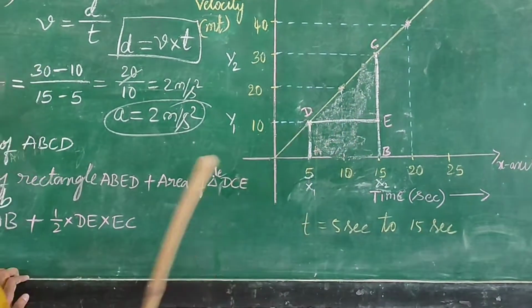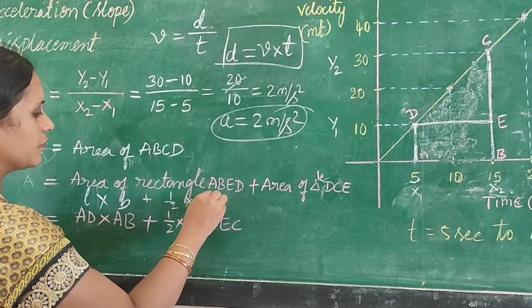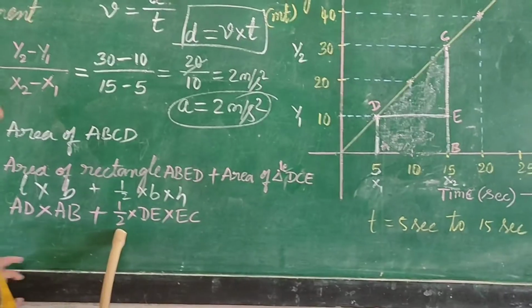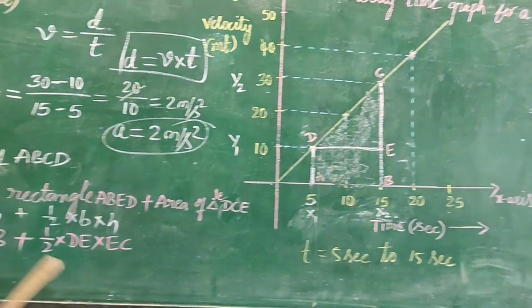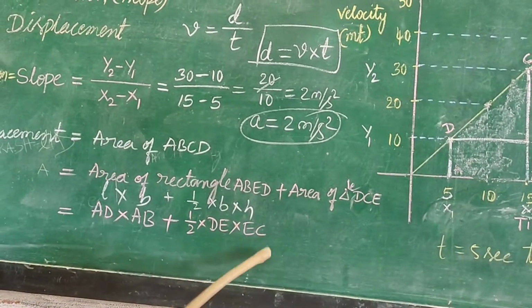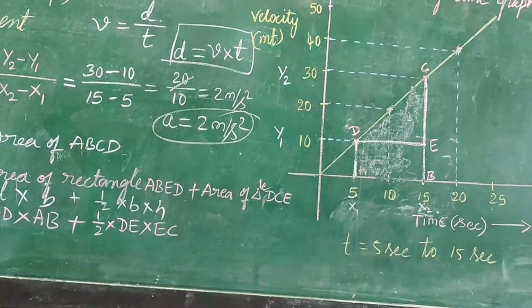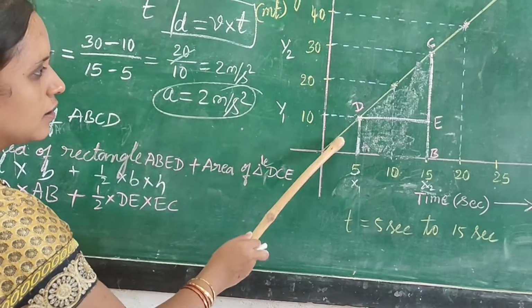Area of triangle is nothing but half into base into height. Here write the half. What is the base? Base is DE and height is C. So by finding this total area, I find the displacement of this object.